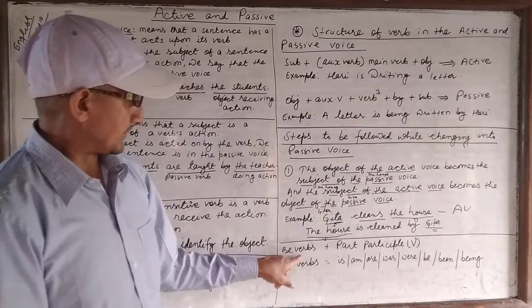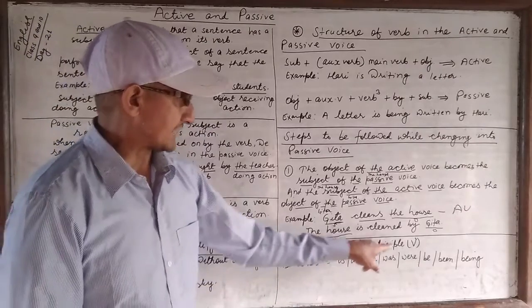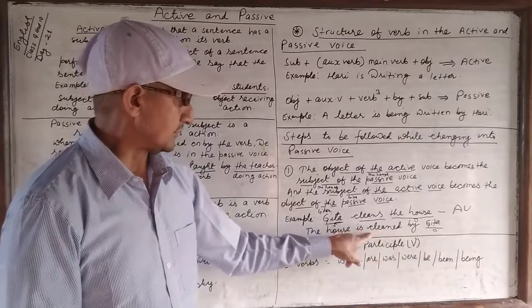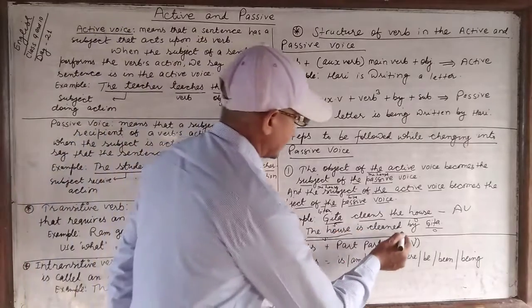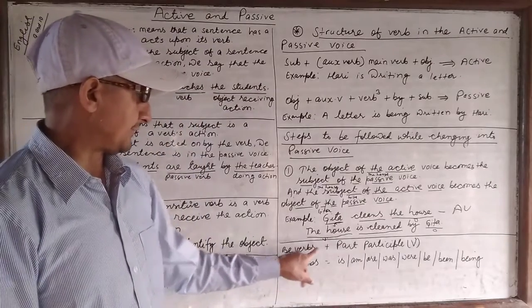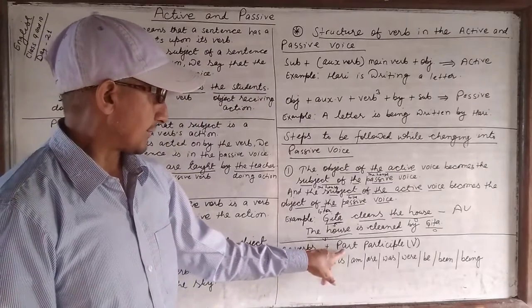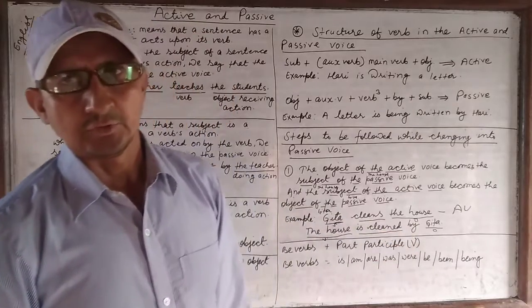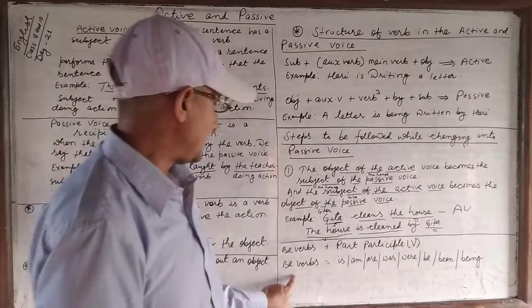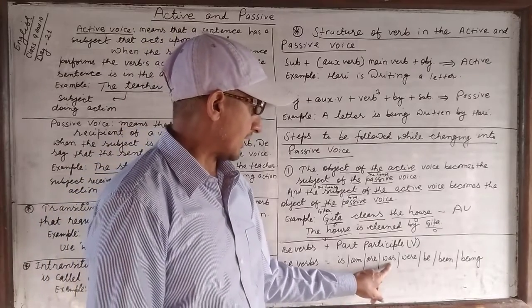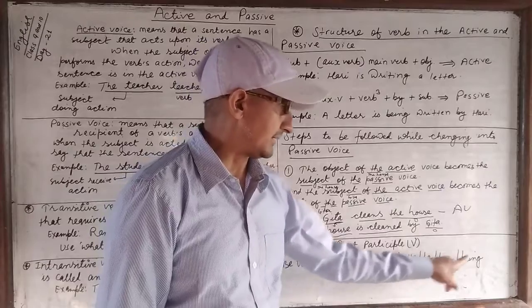And the be verb plus the past participle form of the verb, that is V3, is used in the passive form. The be forms of the verb are is, am, are, was, were, be, been, being.